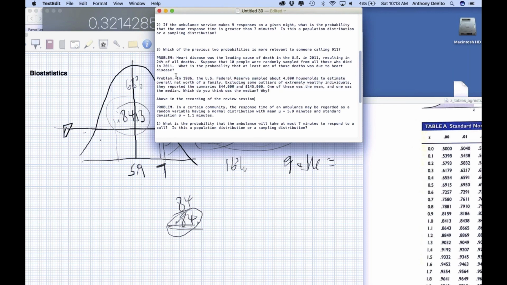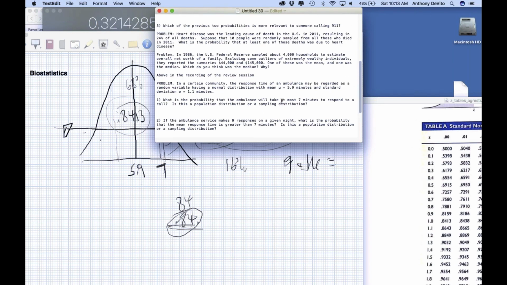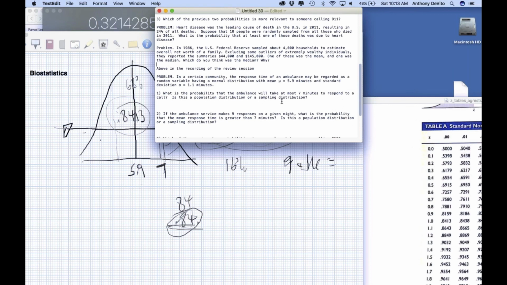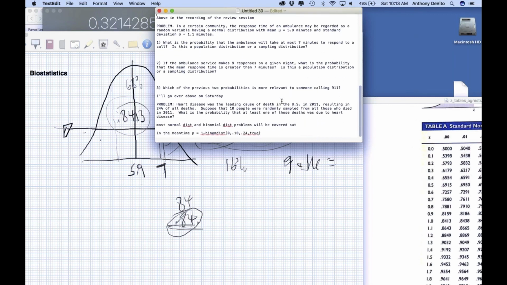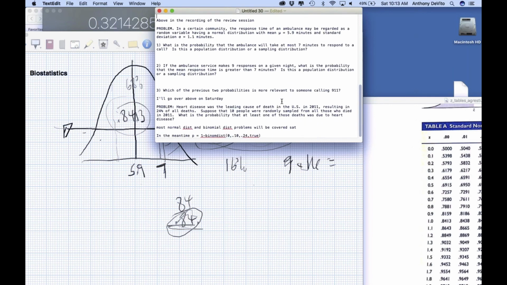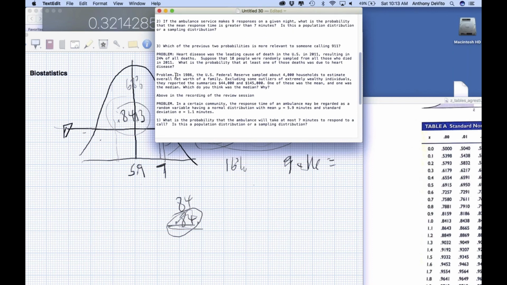Let's see if I got another, before we move on to that. Sample 4,000 households, estimate overall net worth. Nope, we got that one again. Somebody else must ask that same question. They kind of copied and pasted these. Okay, let's take a quick look at this one.